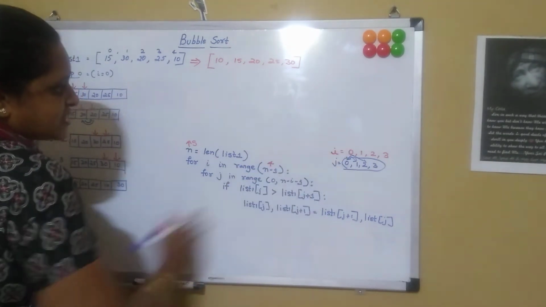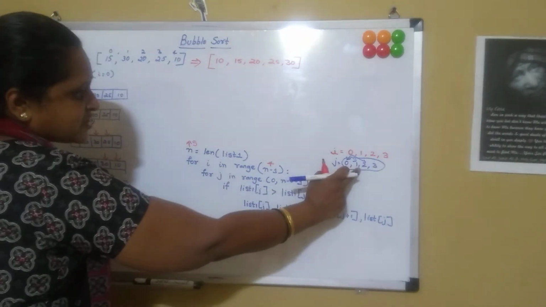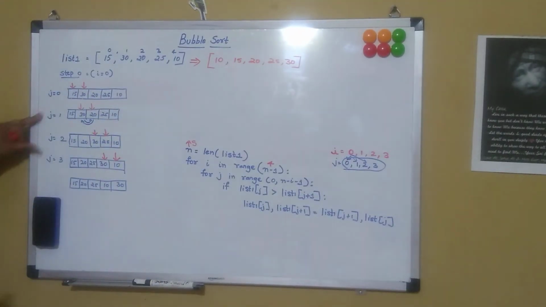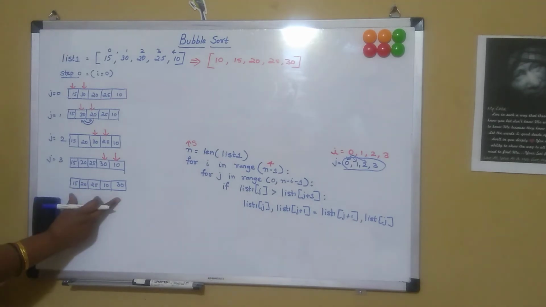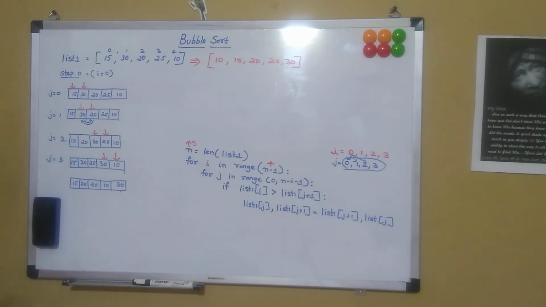So after the first step, that is i equal to 0, j has completed the 0th iteration, first iteration, second iteration and third iteration. And we have got this particular output. What we can see in this particular output is the highest element in the list has gone to the last position.